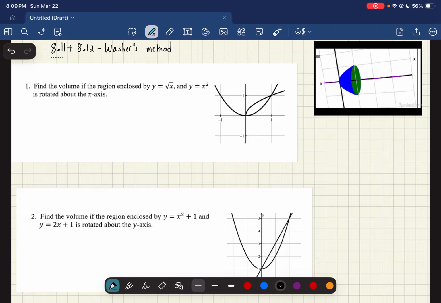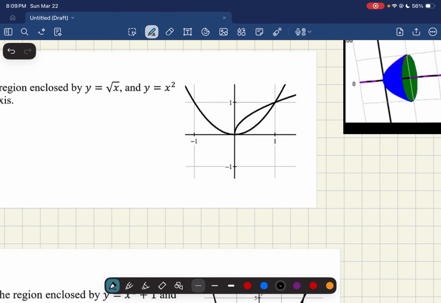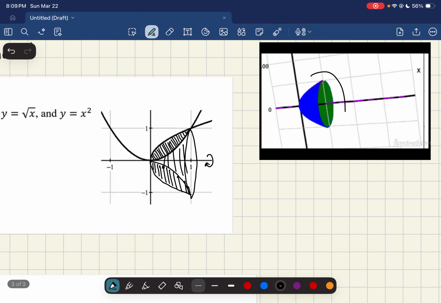If you look at number 1, for example, they told me to find the volume if the region enclosed by y equals square root of x and y equals x squared is rotated around the x-axis. If we zoom in, we can see the volume of this solid when it's rotated around the x-axis creates this shape, which you can visualize from the snapshot I have here. You can see there's an opening in the middle.